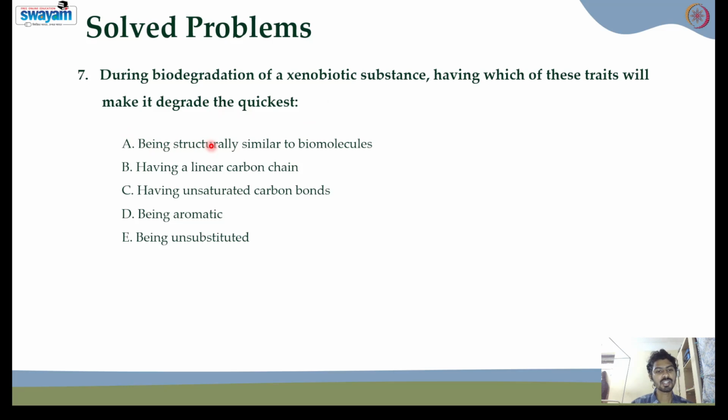Option A, being structurally similar to biomolecules. Option B, having a linear carbon chain. Option C, having unsaturated carbon bonds. Option D, being aromatic. Option E, being unsubstituted. So among these, which will make it degrade the quickest?